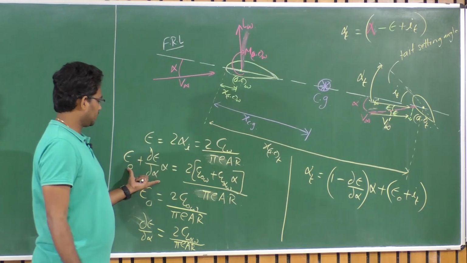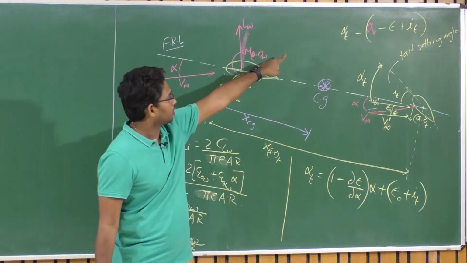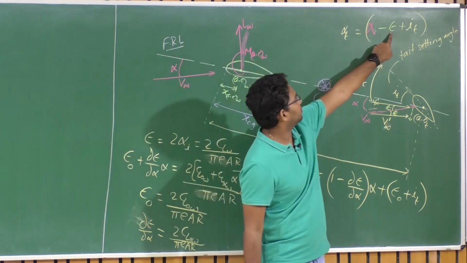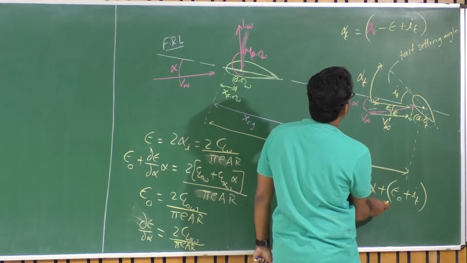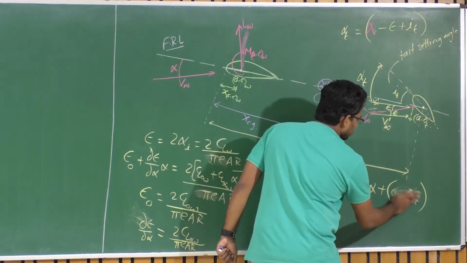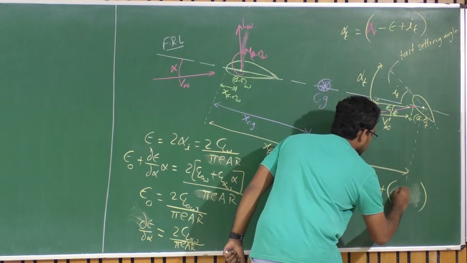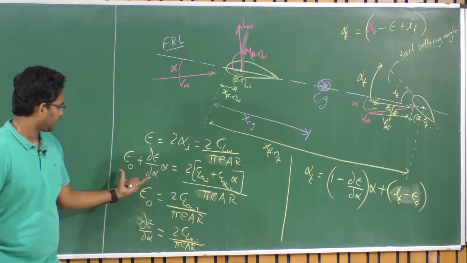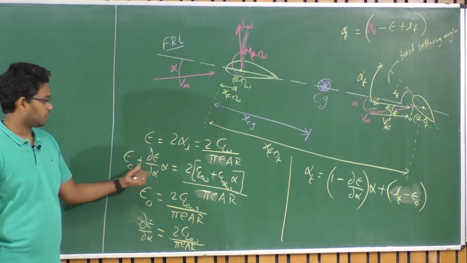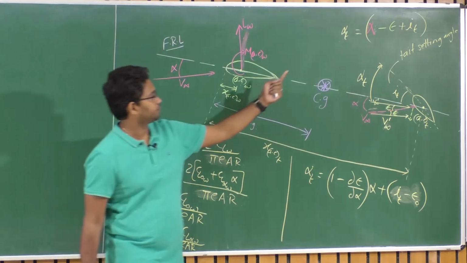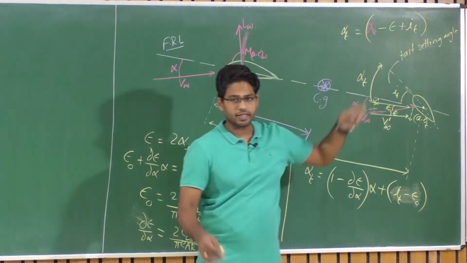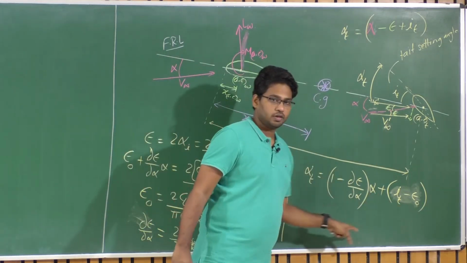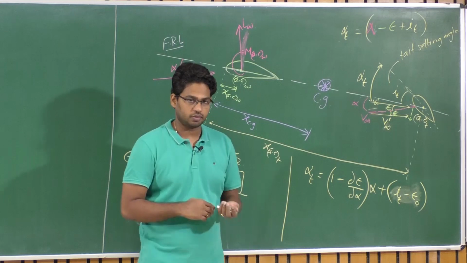So if I substitute this particular expression in that equation, alpha t is equal to i of t minus epsilon, where epsilon is equal to epsilon naught plus dou epsilon by dou alpha times alpha. So if I substitute that and take alpha common, separating the coefficients of alpha and constants, I'll have this particular expression. Okay.